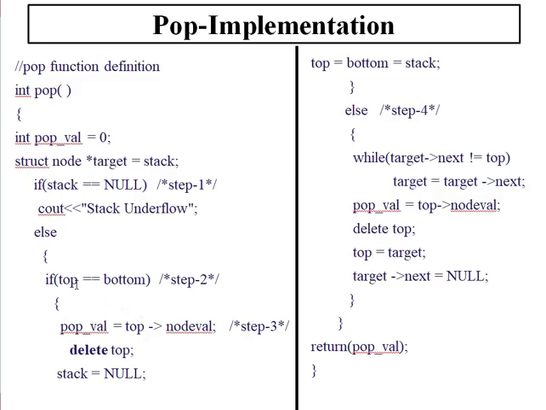Else, if the stack does not contain only one element, that means more than one element is there. In that case, first we should move until we reach the node that is below the top, using this while loop statement.